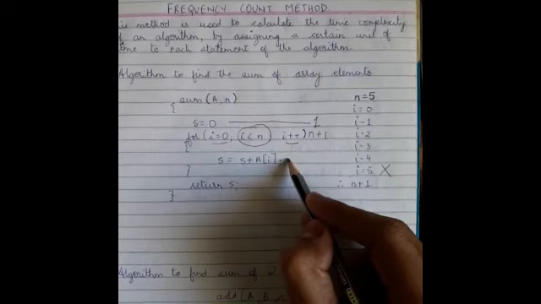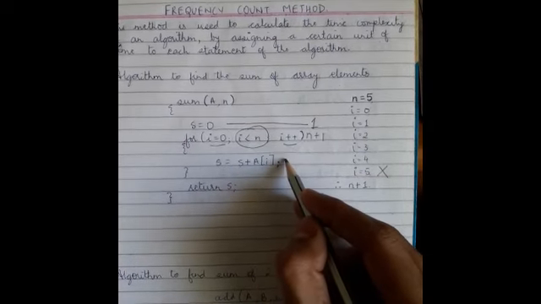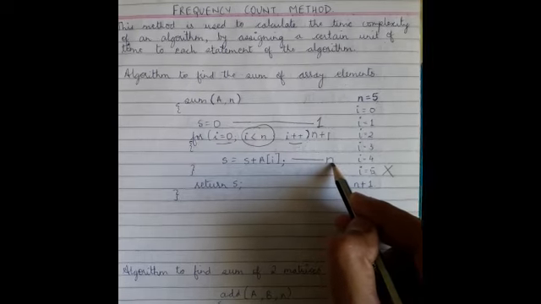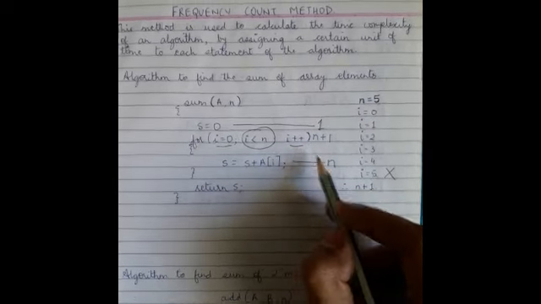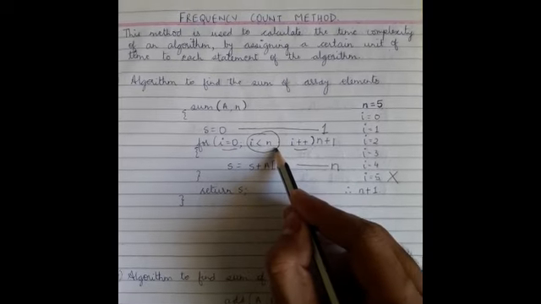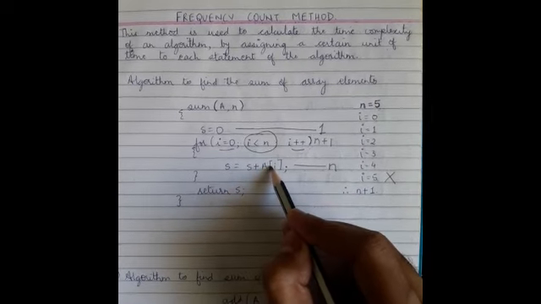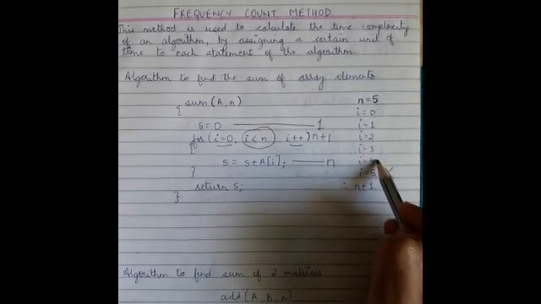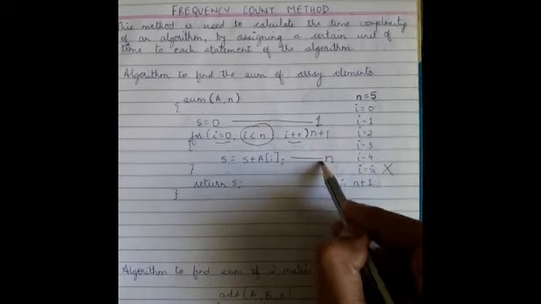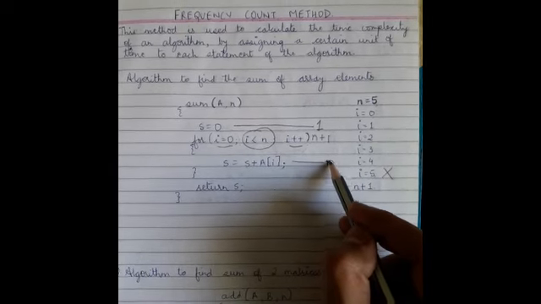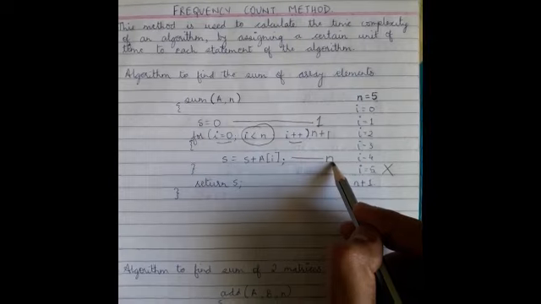How much time will it take? The statements within the for loop will execute n times, not n plus 1. When the condition is false, 5 less than 5, the control will not come inside. That is why it is only 1, 2, 3, 4 and 5, which is n. That is why this statement inside the loop takes n units of time to execute.